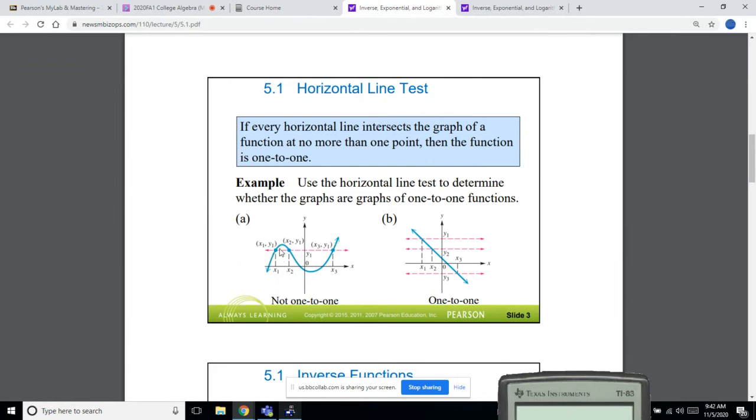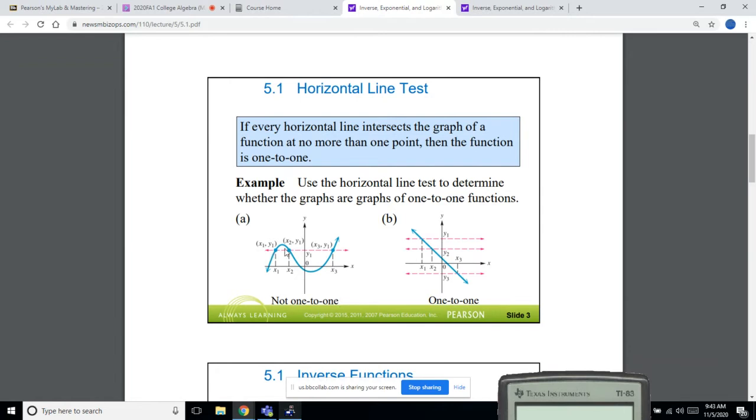If we apply a horizontal line and we get no more than one point of intersection, then the graph is one-to-one. Applying a horizontal line to this function, we notice that it intersects the graph at more than one point. It actually intersects at 3 points, which means that this graph is not one-to-one.